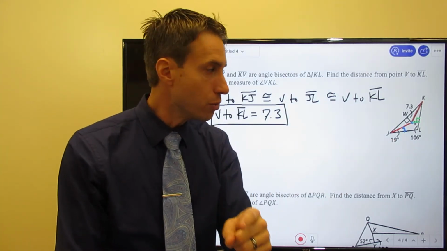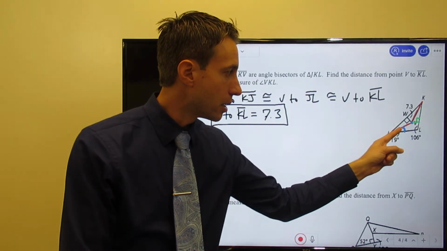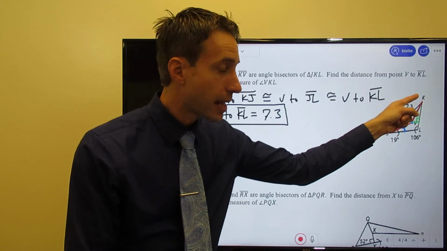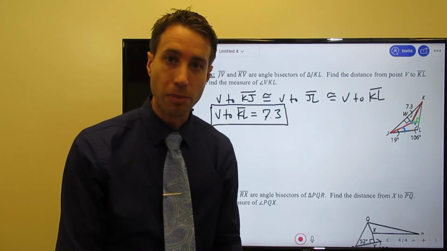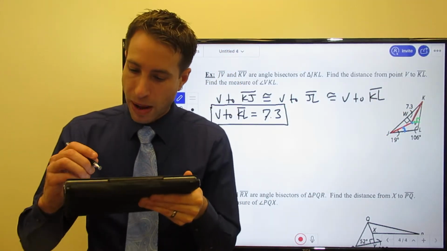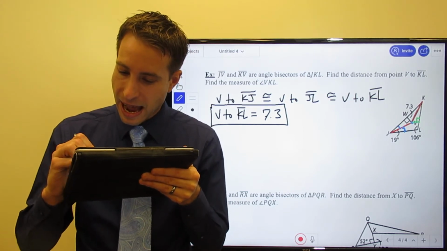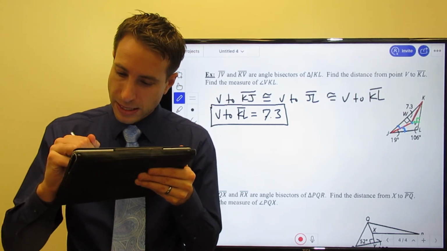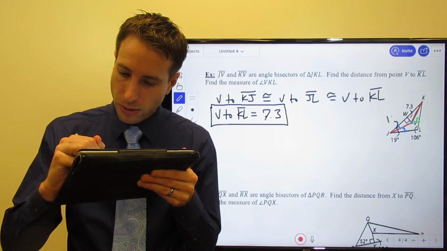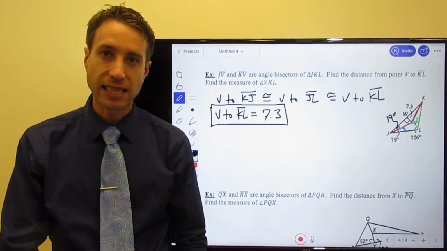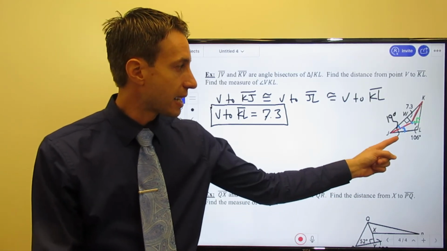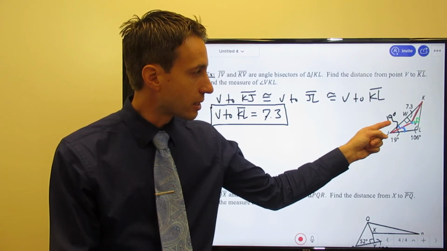So what do you know about angle VJK, that little angle above it? Well, it's an angle bisector. They have to be congruent, which means that that angle right there is also 19 degrees. So I have 19 degrees here, 19 degrees there.